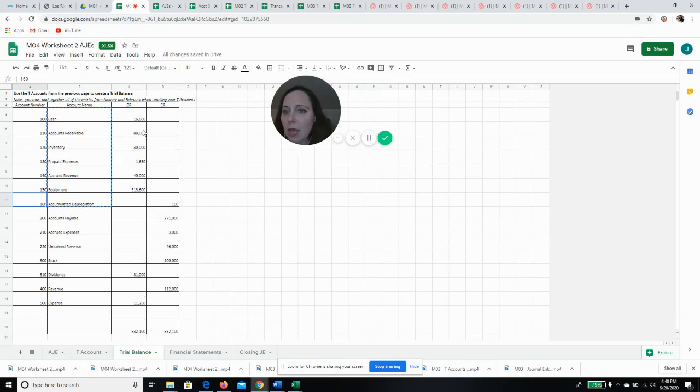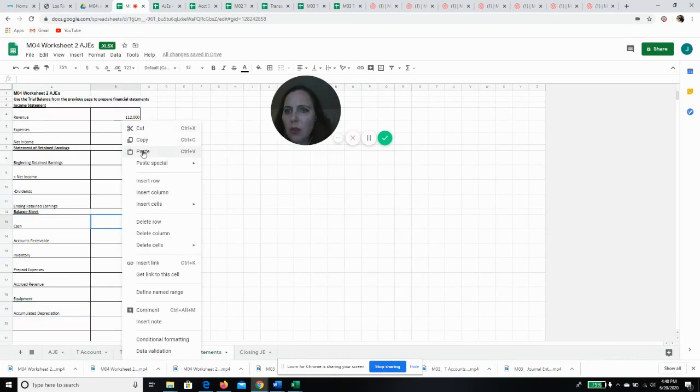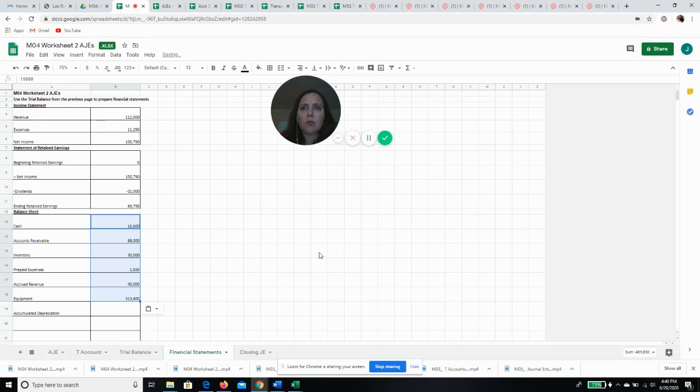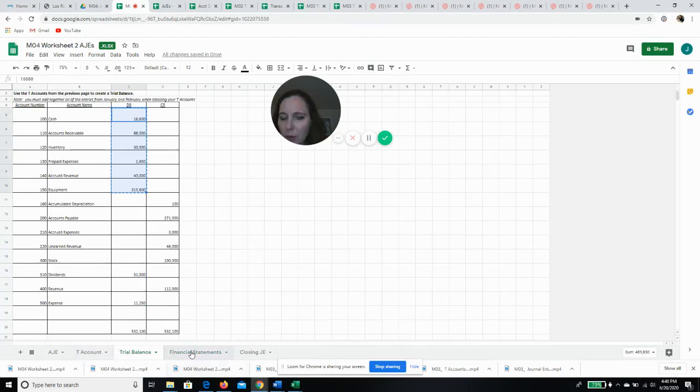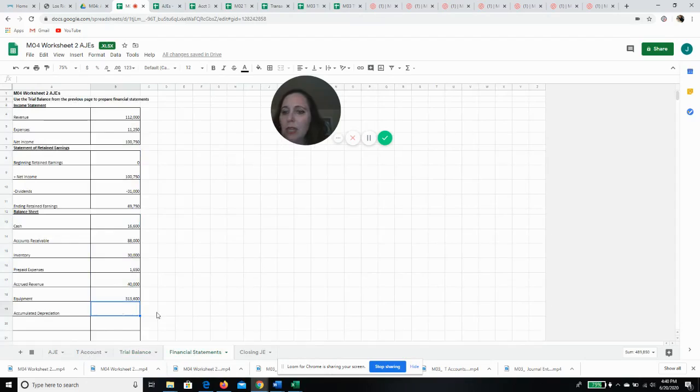All right, so then I can just copy the numbers. And again, if you're not comfortable using the functionality of Google Sheets or Excel, just type them in. It's not a big deal. This isn't an Excel class. Okay, so my accumulated depreciation, because it's sitting with the assets, I'm going to enter it as negative 100 because it's an asset account that has a credit balance, and so that would make it negative.